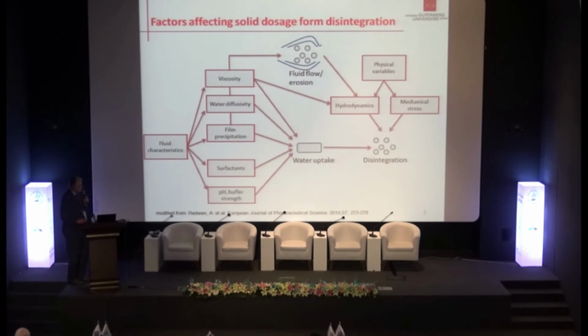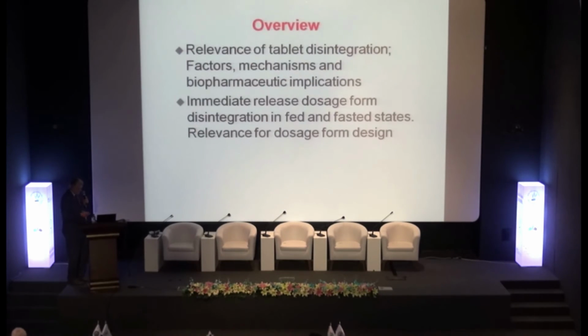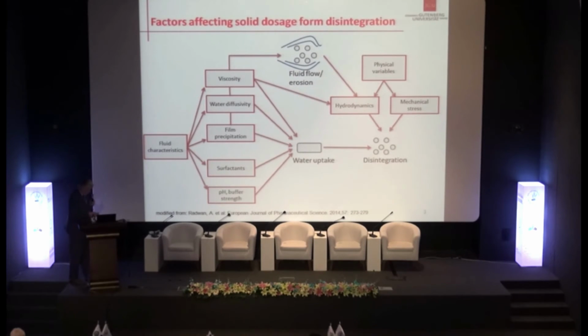Surfactants can play a role, and then there are some dosage forms, there is pH and buffer strength effect. That's mainly occurring for enteric-coated controlled release dosage forms, not so much for immediate release dosage forms.